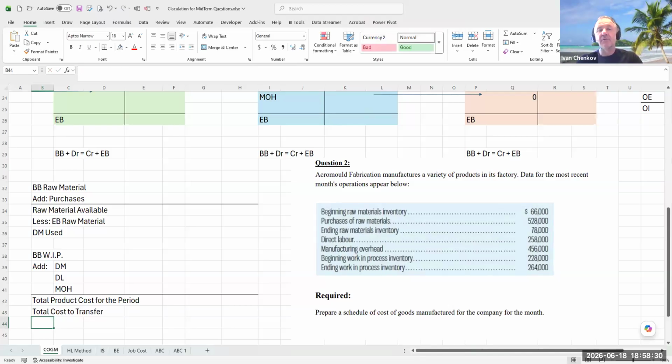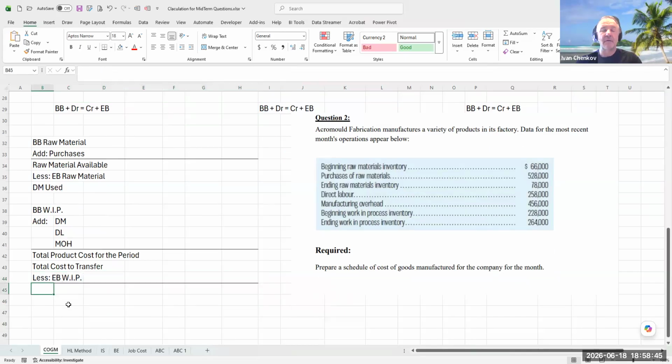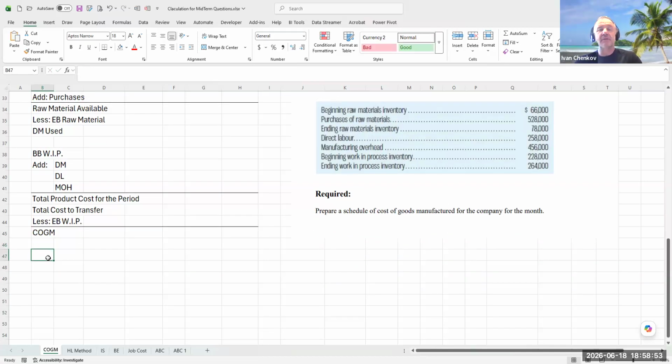Once we get the total cost to transfer, then we're going to deduct less the ending balance of the work in process account, and then we're going to get the cost of goods manufactured. And that's how we prepare the schedule for the cost of goods manufactured.